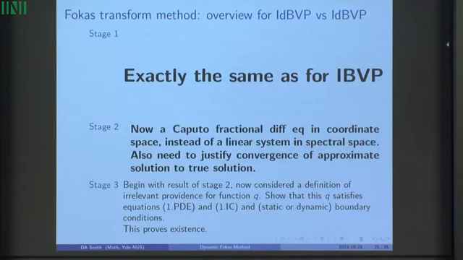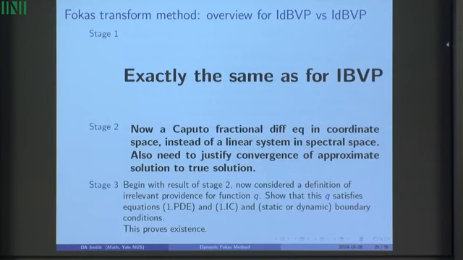Stage 2, we had to do something different. We couldn't work in the spectral space anymore. We had to actually construct the Dirichlet boundary value explicitly, and we had to do it using a Caputo fractional differential equation. And then we also had to come up with a convergence result, because we can only solve that approximately, at least to my knowledge of fractional differential equations with variable coefficients.